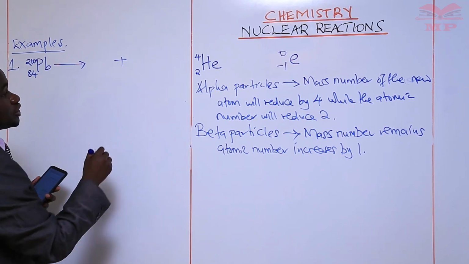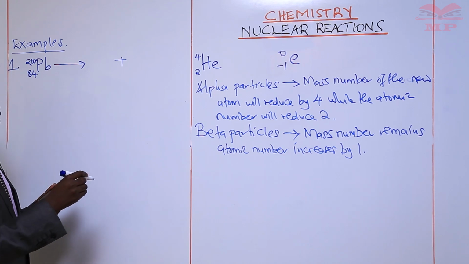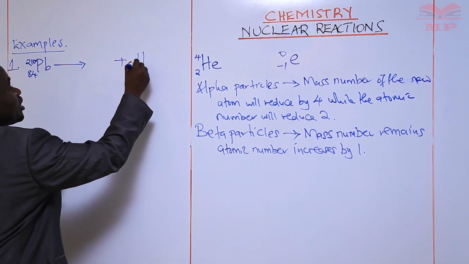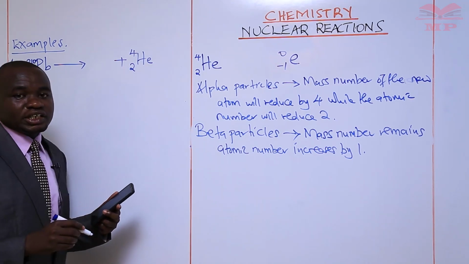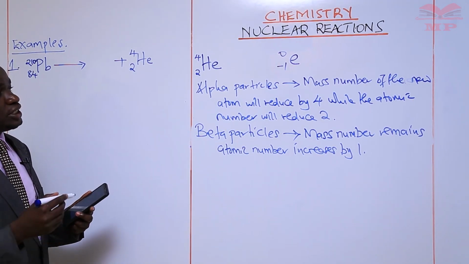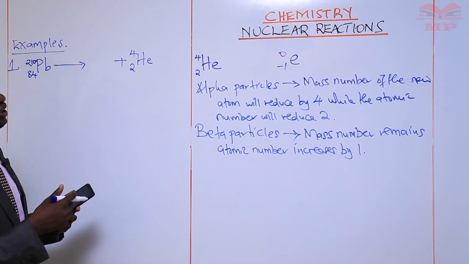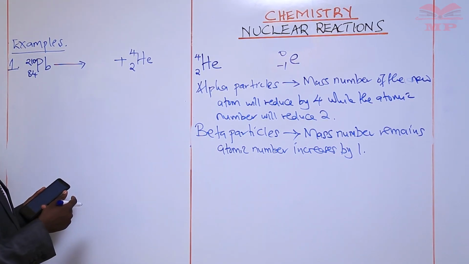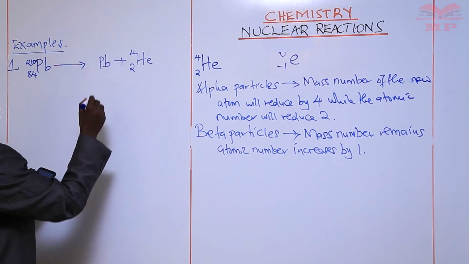Remember, we have said alpha particles are represented using a helium with a mass number of 4 and atomic number of 2. Like we have said earlier, we have to balance the mass number on the left as well as on the right. So a new particle will be produced.